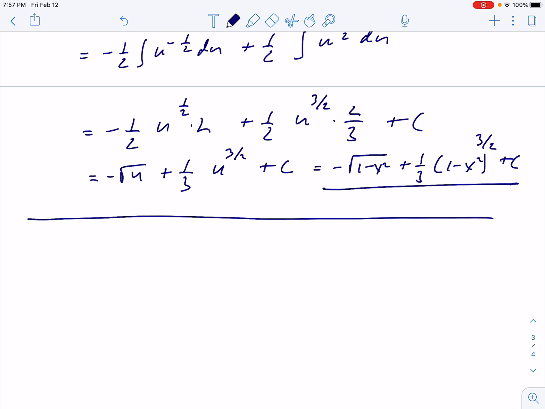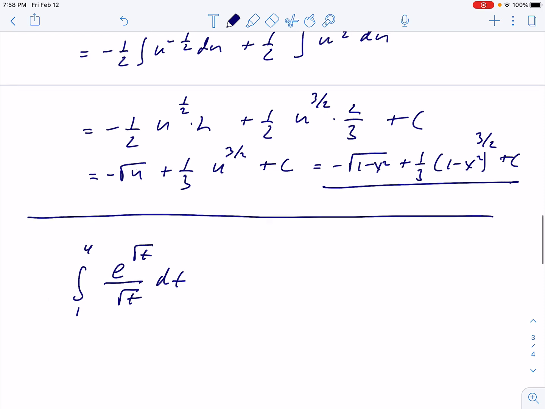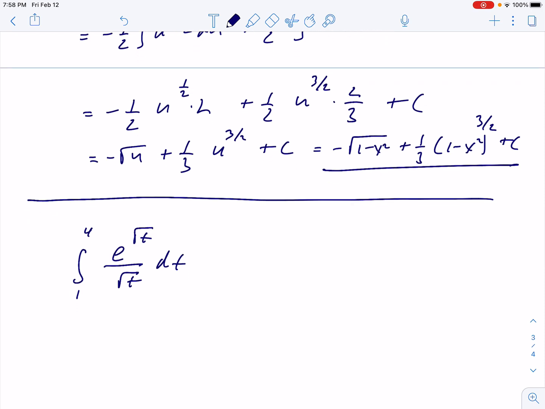Now, the last example for today, I want to show you this. From 1 to 4, e to the power root of t, and all this divided by root of t dt. It's almost telling you to do a substitution first. So you have to substitute this radical.